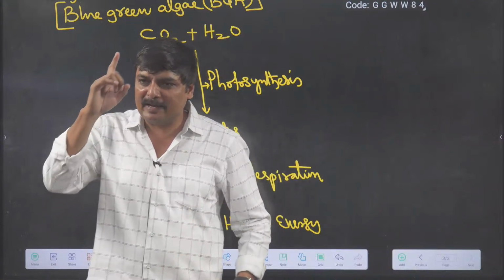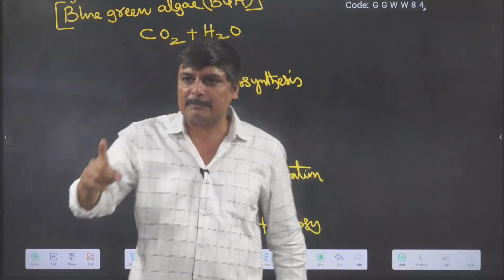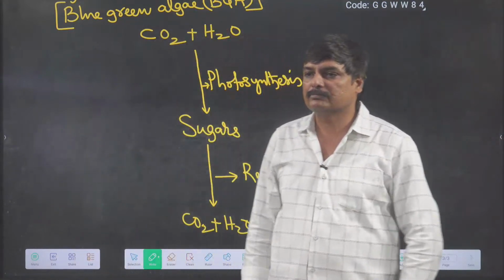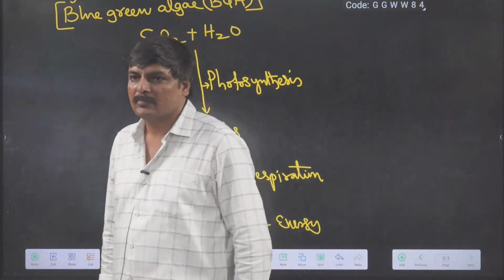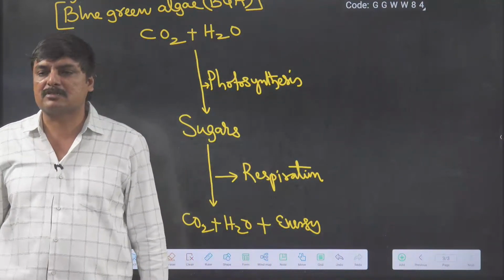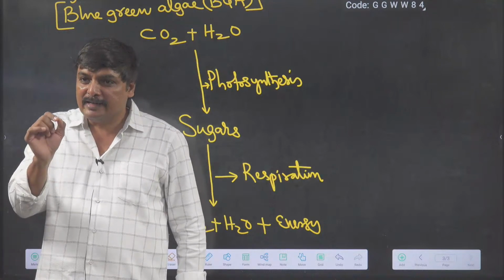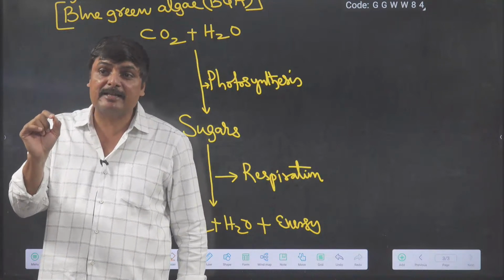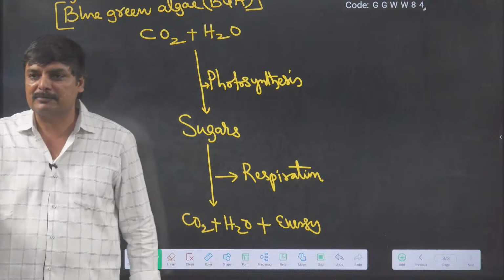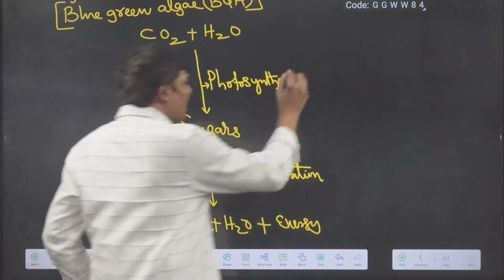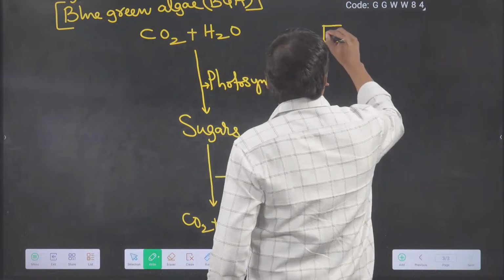Therefore, respiration is not a single-step reaction, it is a multi-step reaction. It is a multi-step process, and each step is catalyzed by enzymes. So, respiration is an enzyme catalyzed process.